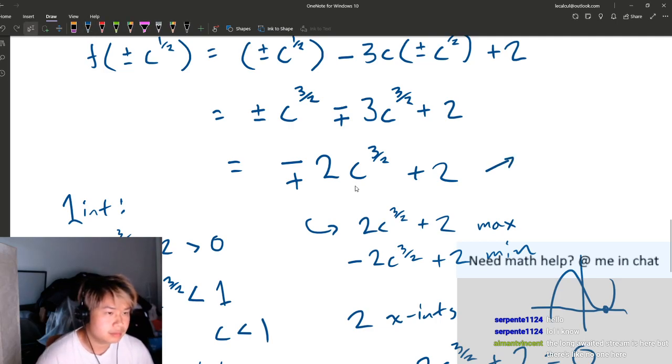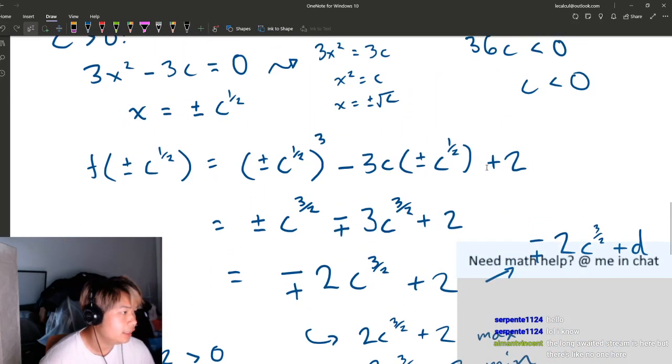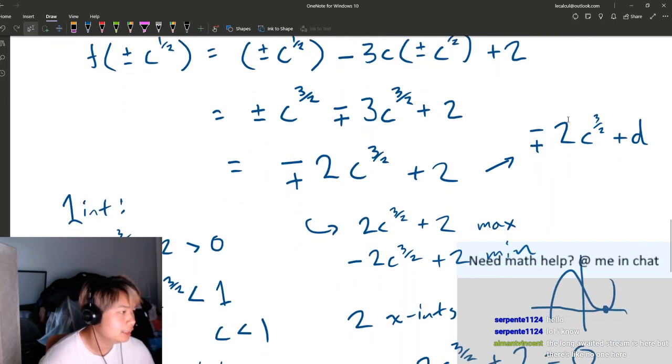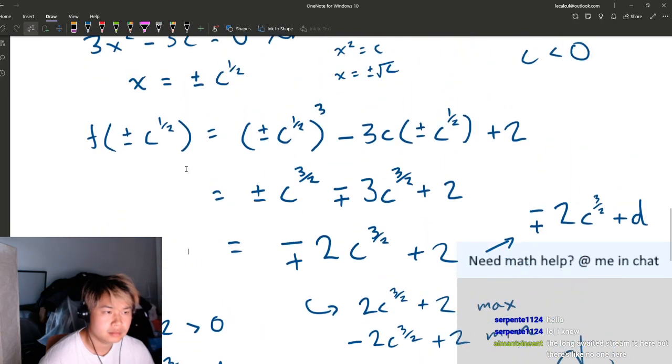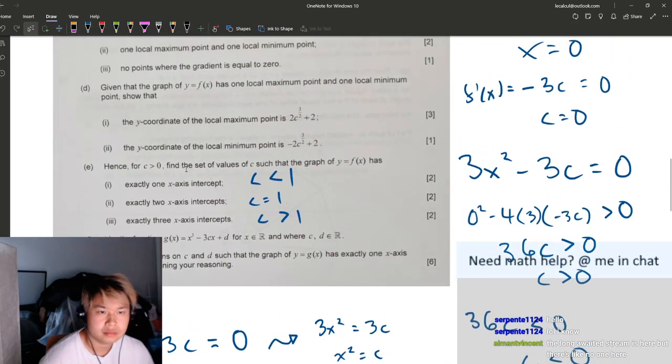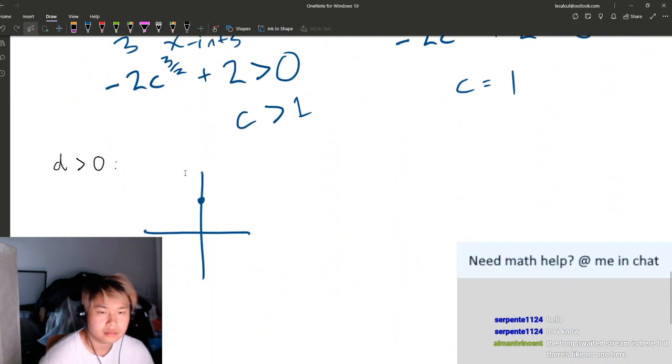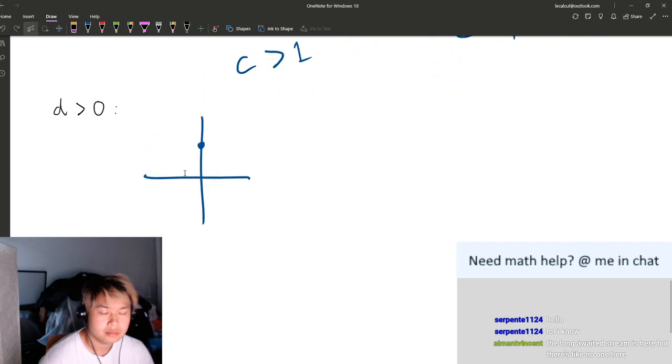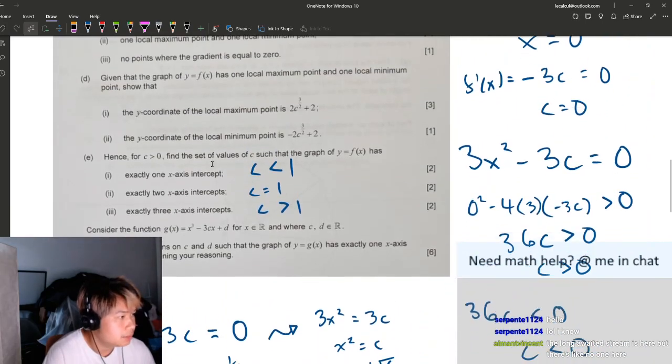So, first off, if instead of having +2 we have +d, these are the values of your maximum and minimum points. Oh, jeez. Okay, hold on.